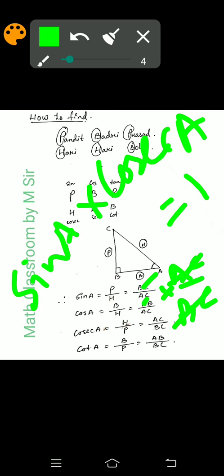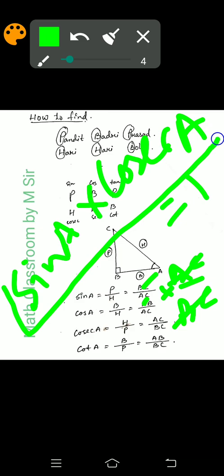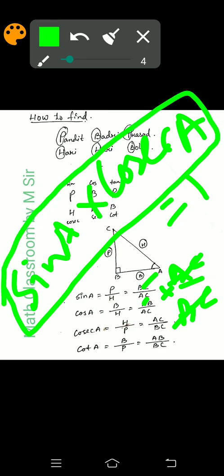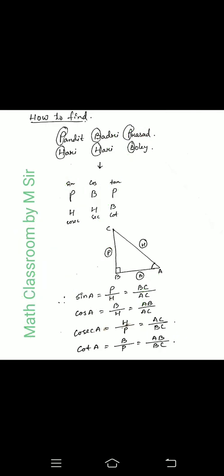This is a formula. This can be transformed as sin A equals 1 by cosec A also. So this pair is known as a reciprocal pair. Similarly, we have two more reciprocal pairs. Just see here, sin A equals 1 by cosec A. Similarly, we get cos theta equals 1 by sec theta, just like sin and cosec.